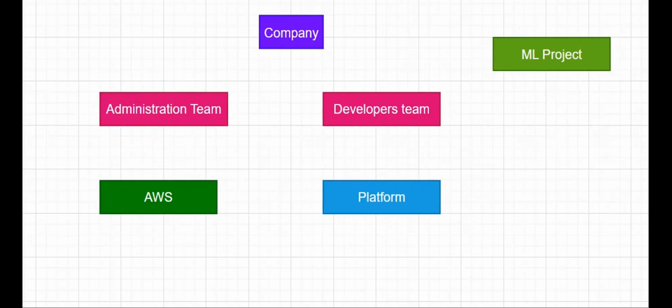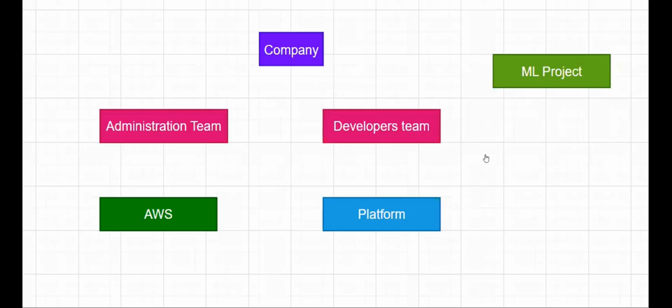Now the scenario is, even these developers do not have much knowledge of infrastructure creation or platform creation. They just know development of the project, whereas the admin team has the knowledge of creating the environment and providing access to specific users. So now the question arises for the administrative team of my company: how to provide permissions to the developers team to create this platform as a self-service?